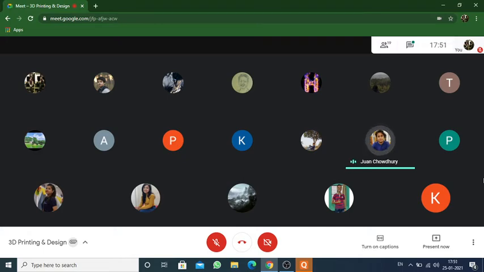Just another query. Anybody other than civil engineering over here? Anyone who's not from civil engineering discipline? Can you please type it on the chat box? Sir, I am from mechanical department. Okay, great. Anybody else? You can type it out on the chat box so that way it remains concrete.